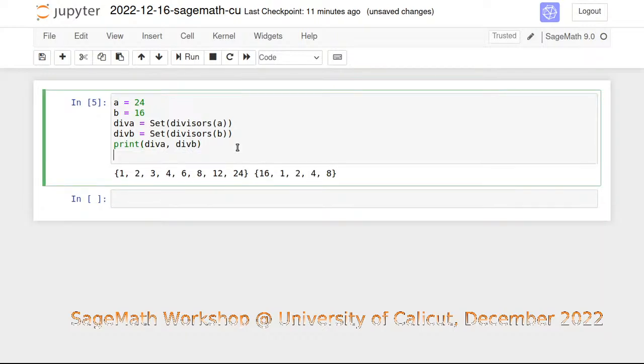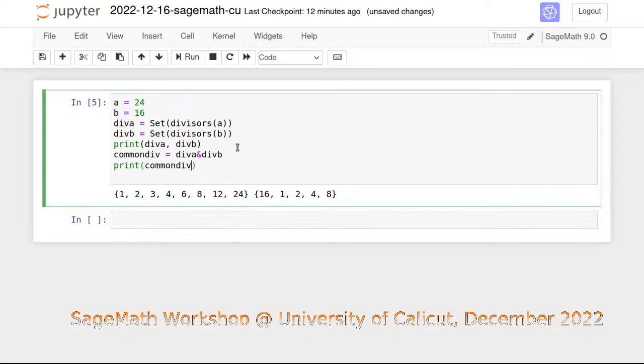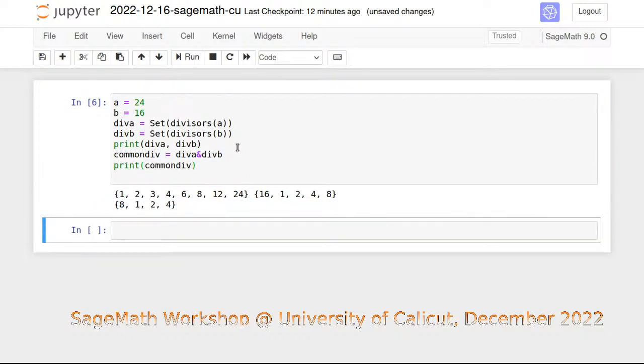Okay, now we can take the intersection, common div. So simply take the intersection of these two. These are the common divisors.